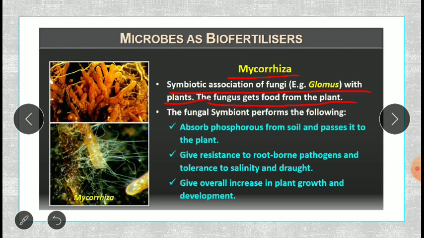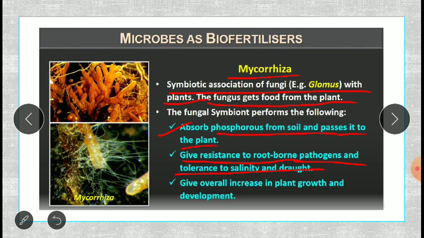In what form? The fungus is going to be helping the plant to absorb phosphorus from the soil and it is passing it to the plant. Then it is helping to give resistance to root-borne pathogens and also providing tolerance to salinity and drought.